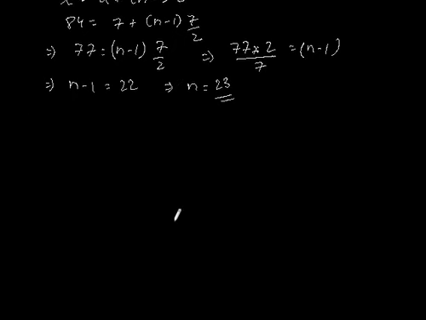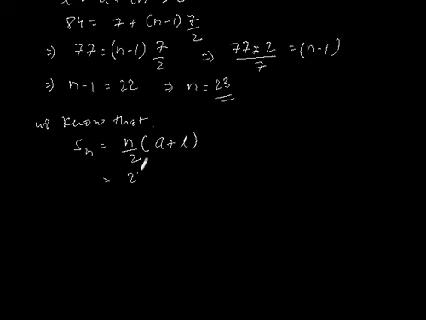Now we know that Sn is equal to n by 2 into A plus L. N is 23, so 23 by 2, A is 7 and L is 84.